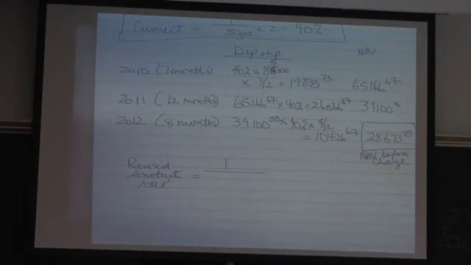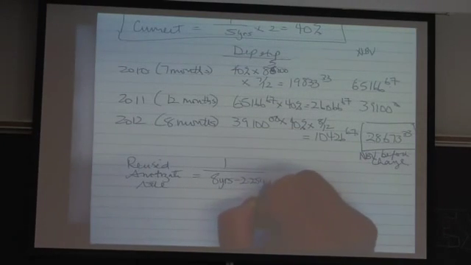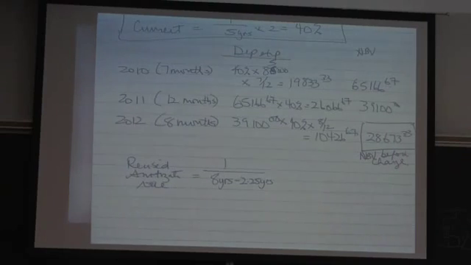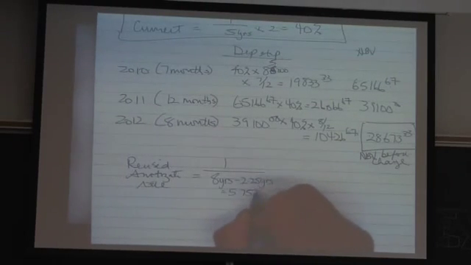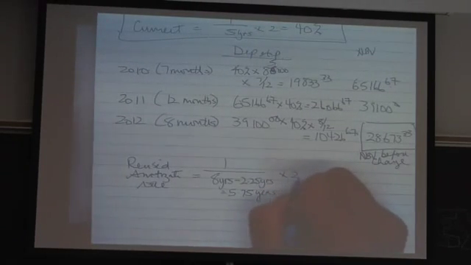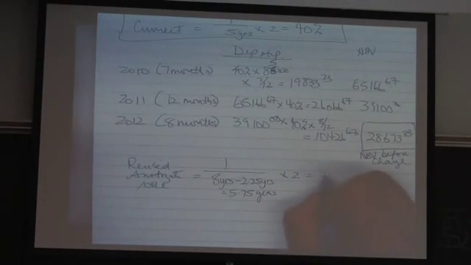Now, we know the remaining useful life is 5 years, that's the new minus 2.25 years, right? We already calculated that in the first case A under straight line, and that gives us 5.75 years. Times 2. So the amortization rate is 34.7826%.